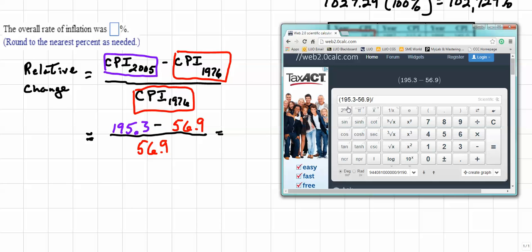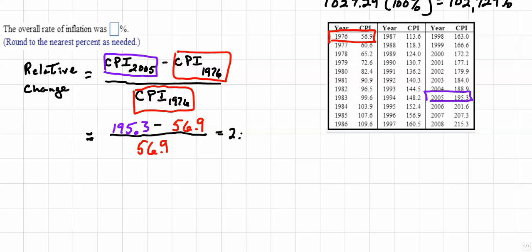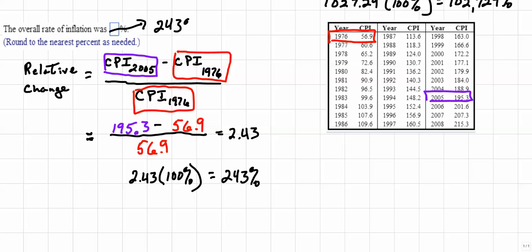We will divide by 56.9, press enter or equals, and that gives us 2.43, which we will round. Now that's not the percentage. In order to find the percentage, we will take the 2.43 and multiply that by 100%, and we'll get the fact that inflation was 243%. And we'll write that up here as 243%.